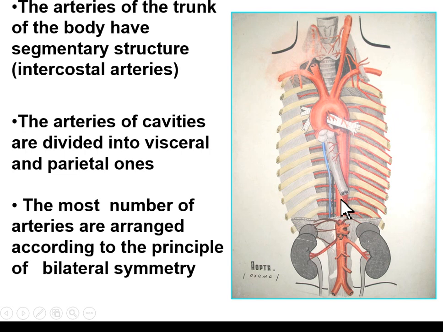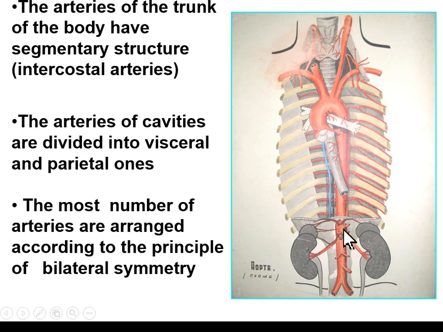Thoracic aorta gives parietal branches which blood supply the walls of the posterior thoracic wall and diaphragm. Parietal branches, they are posterior intercostal arteries and superior diaphragmatic arteries. And this aorta blood supplies the nearing organs of the thoracic cavity and gives the visceral branches. For example, esophageal branches, bronchial and pulmonary branches, pericardic branches.